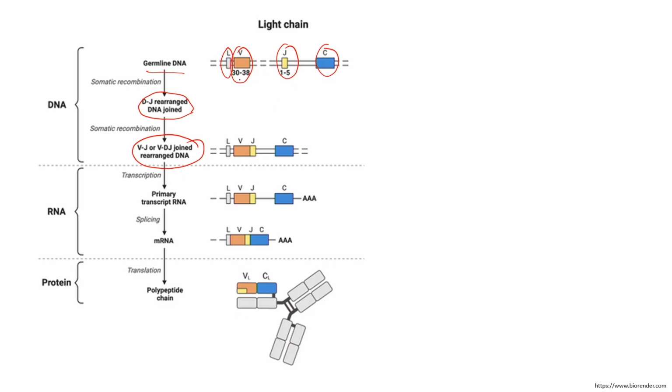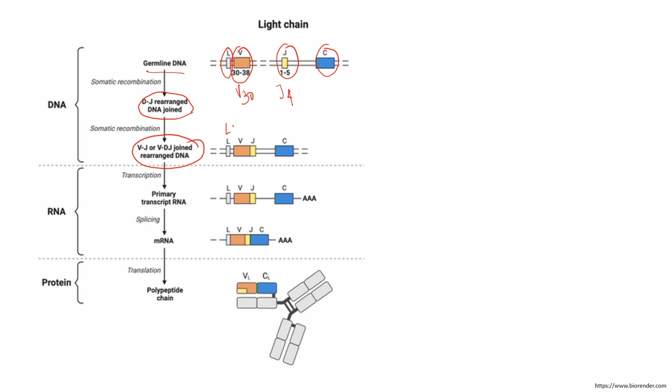For example, there could be 30 to 38 fragments of the variable possibility, and in J there could be 1 to 5. This is just an approximation. Say the V 30th fragment is coming, and in J the 4th fragment is coming.